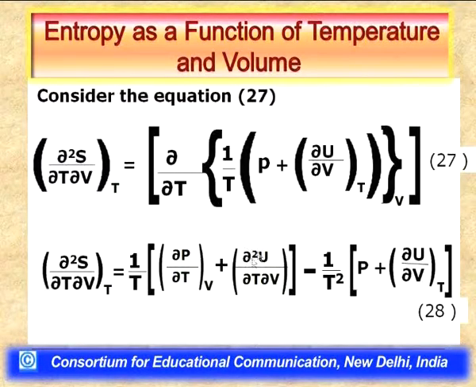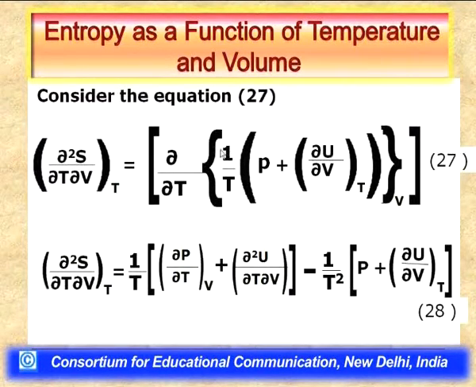So, we will get del square U by del T del V. Then we write the second function, P plus del U by del V at constant T, as such, and multiply it with the differential of the first function, that is 1 by T.